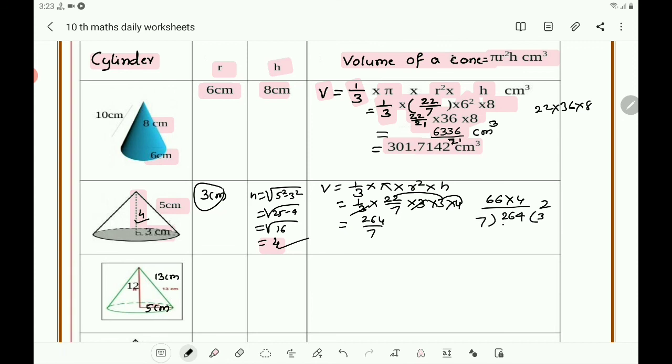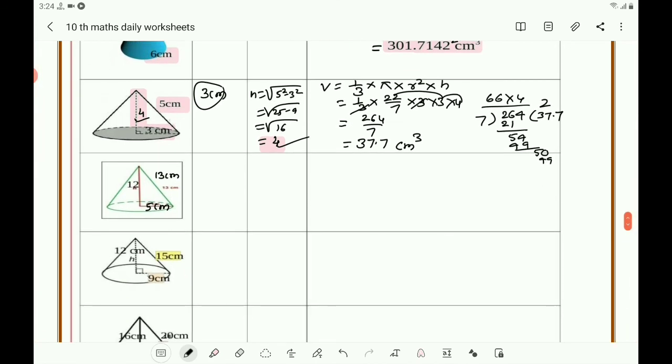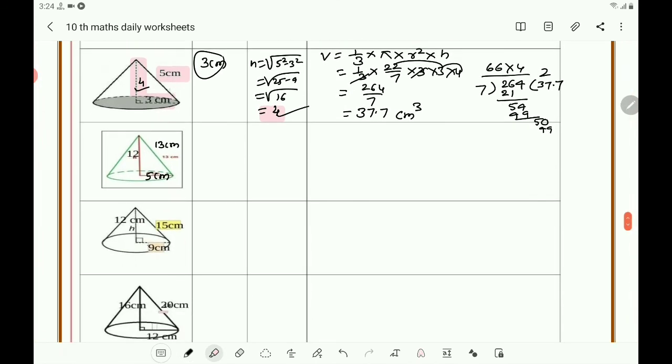You will get 37.749. So you will get 37.7 cm cube approximately.